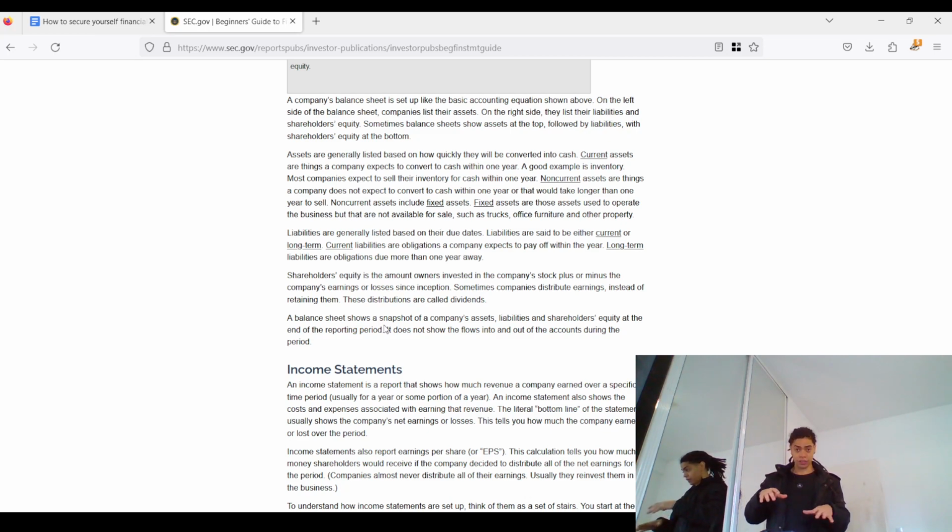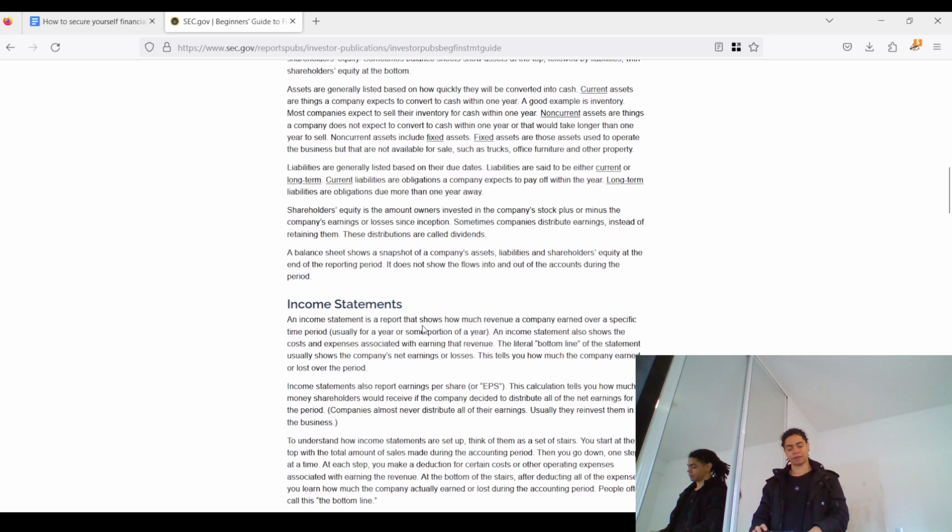And the bottom of the stairs shows you if a company made a profit or not. The bottom line of that statement shows you the company's net earnings or loss.